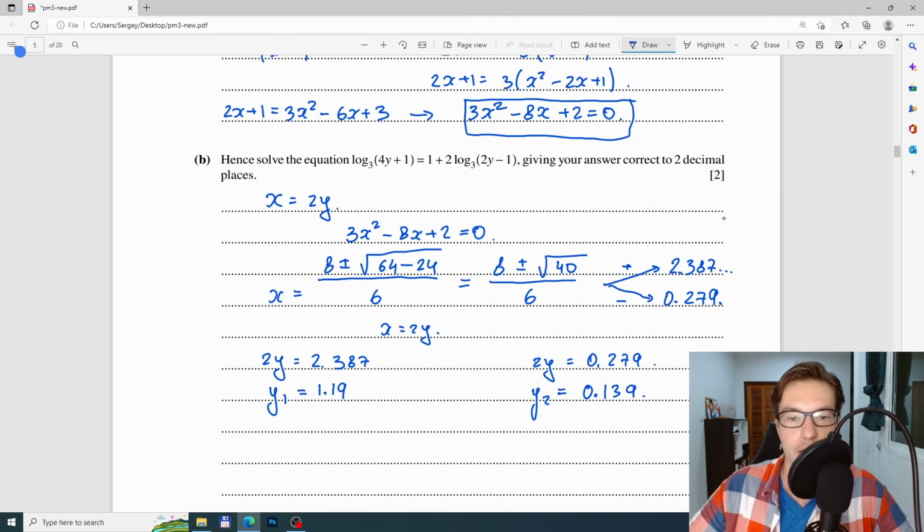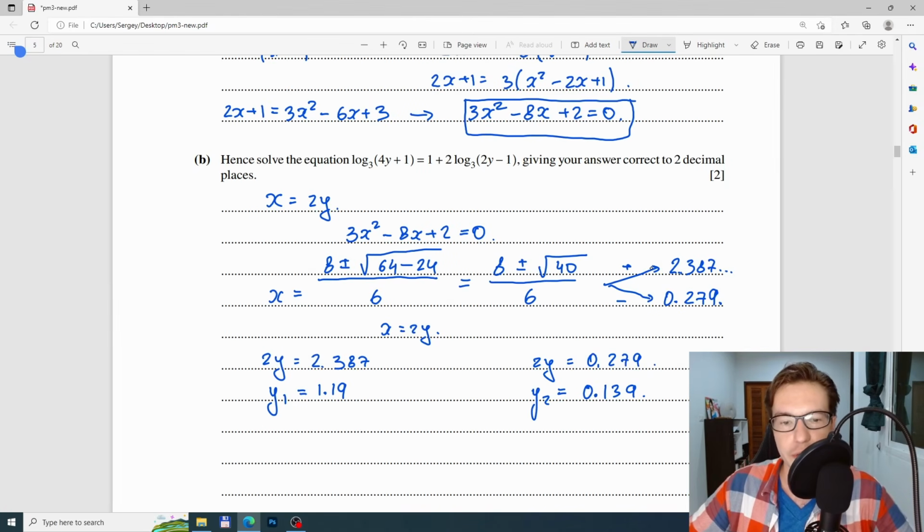Okay, but now, don't forget that we're actually not solving just a quadratic equation. We are solving an equation with logarithms, and this kind of has some restrictions on our answer. The thing is that the expression under the log should never be negative, because you can't take the log of a negative number.